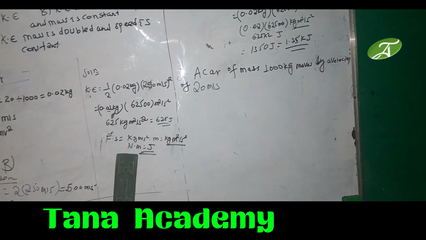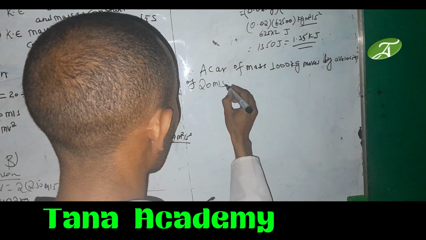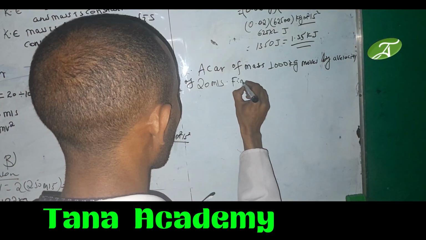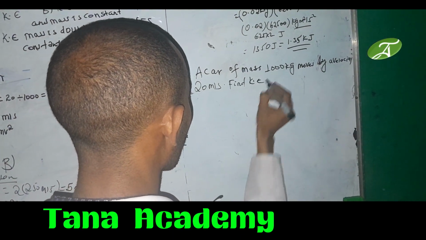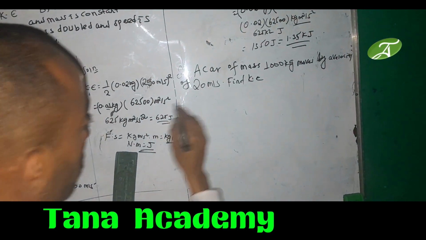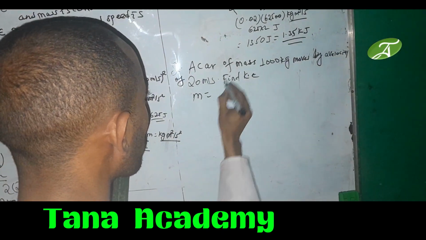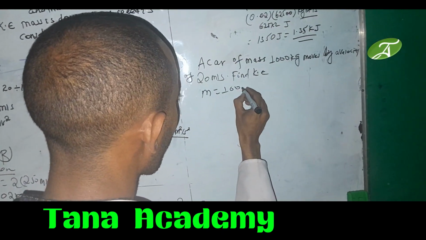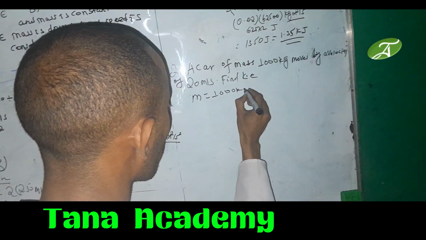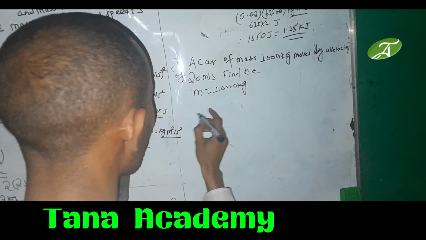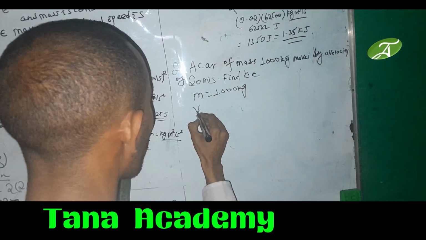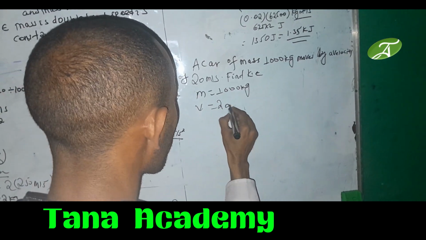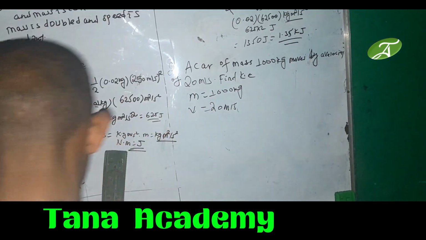Find the kinetic energy. We have the given, what? Substitute. Mass is what? Mass is 1000 kilogram. And velocity, or speed, is what? 20 meters per second.